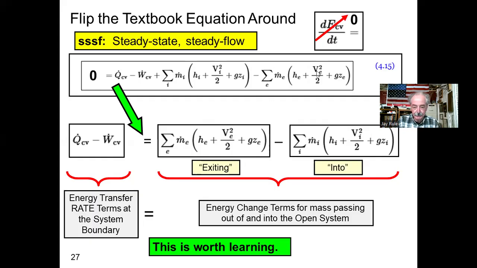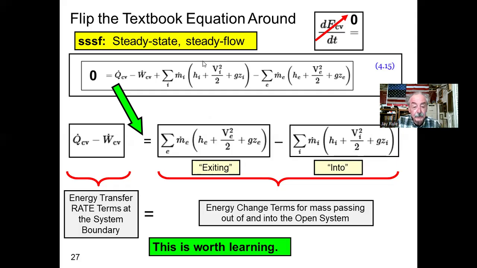The first thing I want to do is separate my Q dot and W dot. In other words, my boundary phenomena, what's going on across the system boundary. I want to get that isolated from the other terms. So at first step, I'm just going to keep those on the right-hand side.